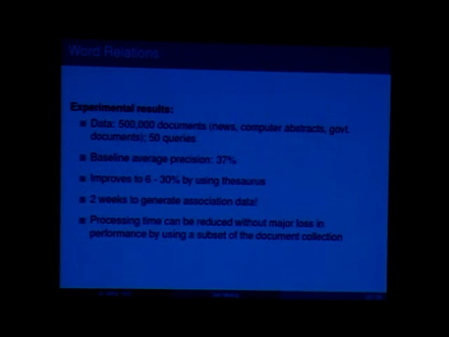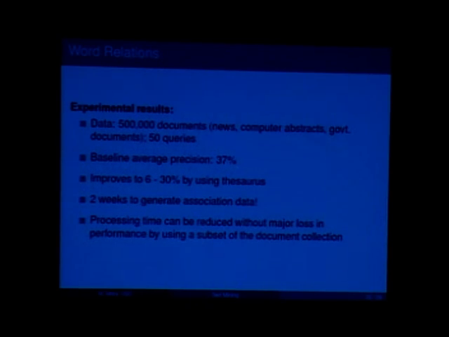With the hardware that you had at the time, analyzing 500,000 documents and finding all word pairs took 2 weeks of machine time. With modern hardware, that will come down significantly, but on the other hand, you're also probably looking at collections that are much bigger than 500,000 documents.